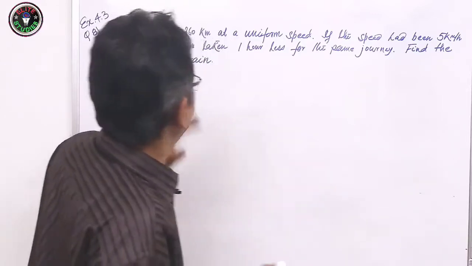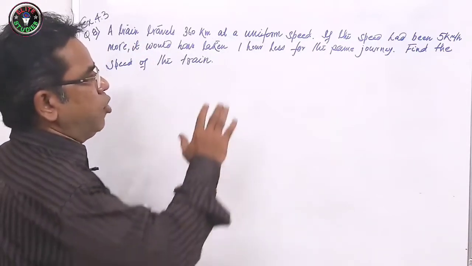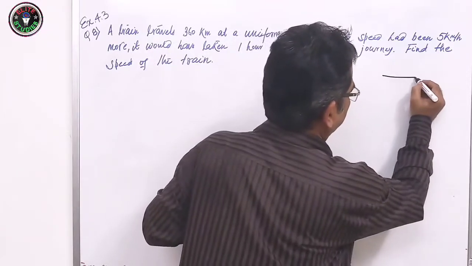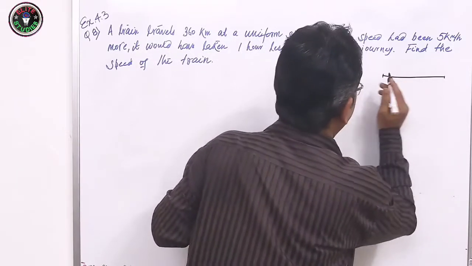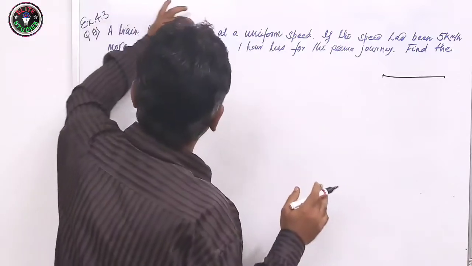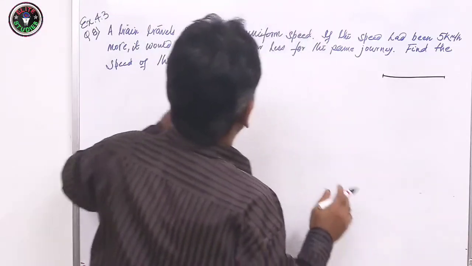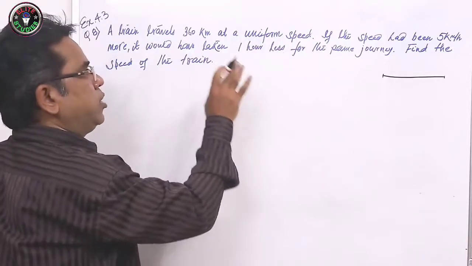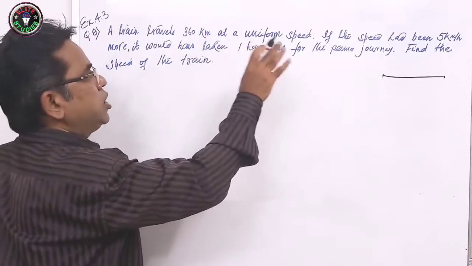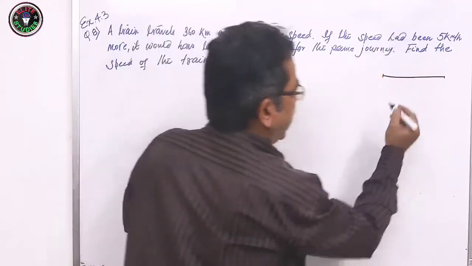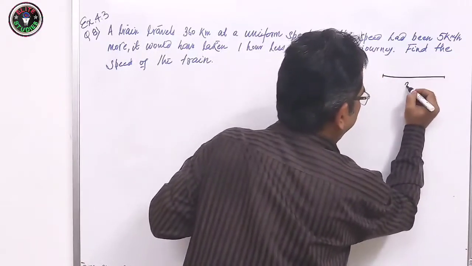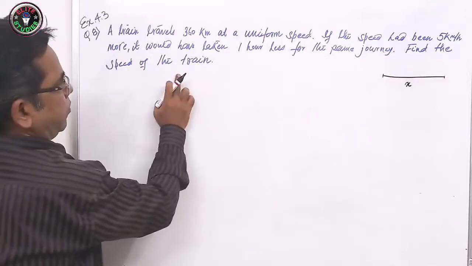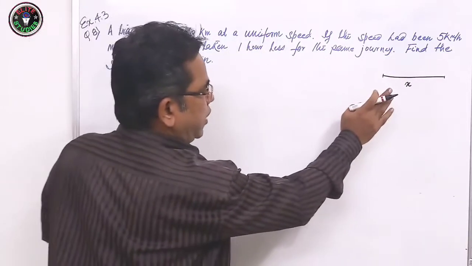So in such questions, it is always better to draw a figure. There are two cases. A train travels 360 km at a uniform speed. What that speed is, is not given to us, but let the speed be x, because that is the speed they are asking. Find the speed of the train, that means the uniform speed.